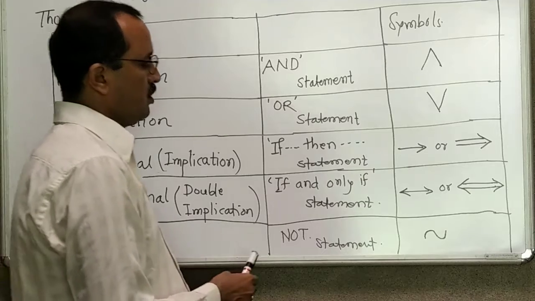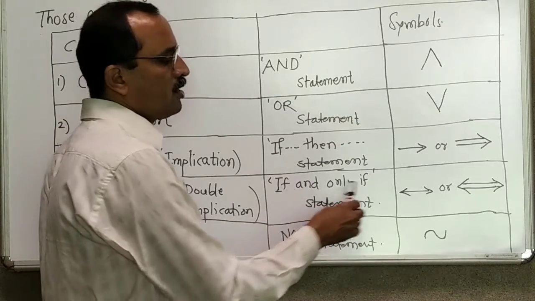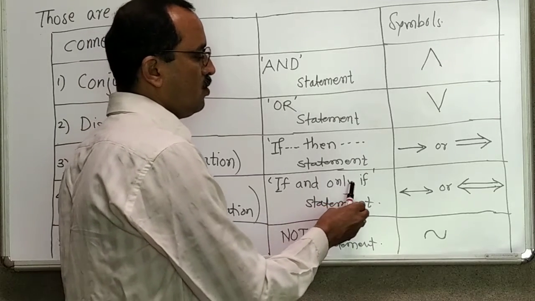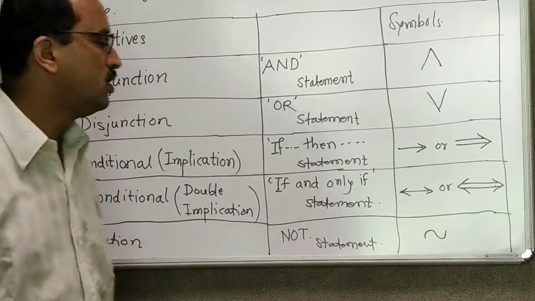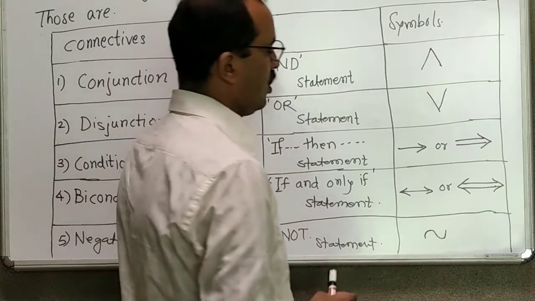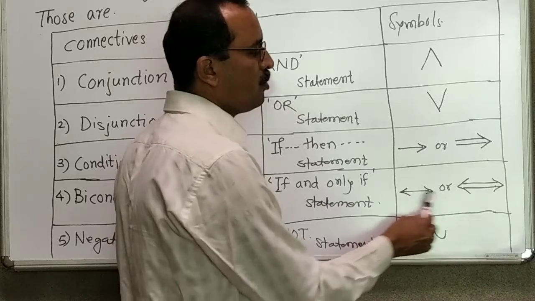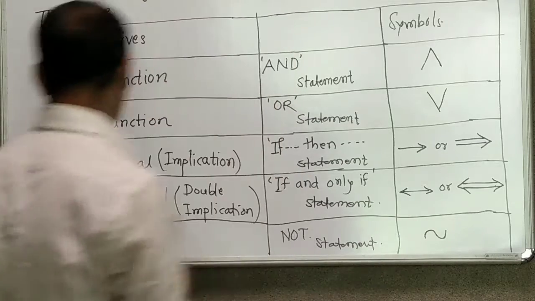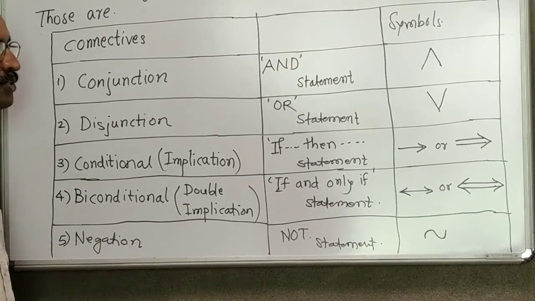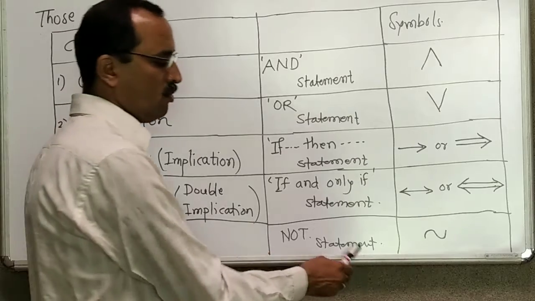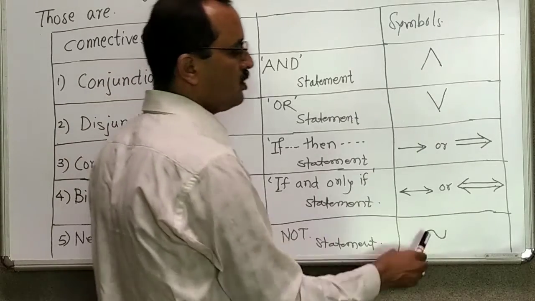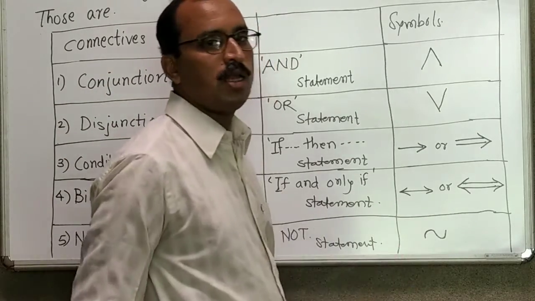The connective is if and only if, and the symbol is double sided arrow. And fifth one is negation, that is called not statement, and the symbol is like a similarity symbol.